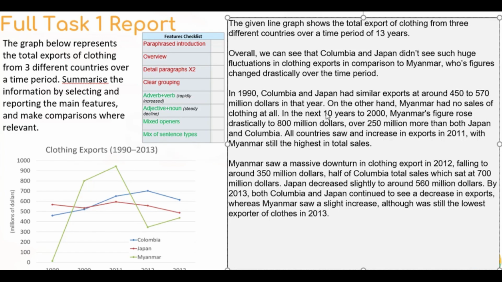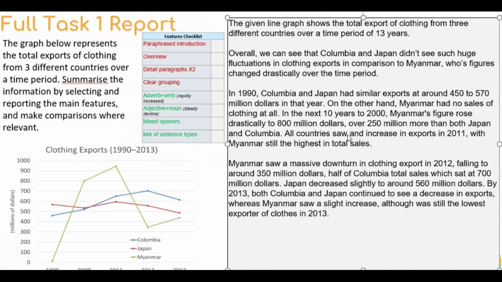In the next 10 years to 2000, Myanmar's figure rose drastically to $800 million, over 250 more than both Japan and Colombia. So comparing again, making comparisons.